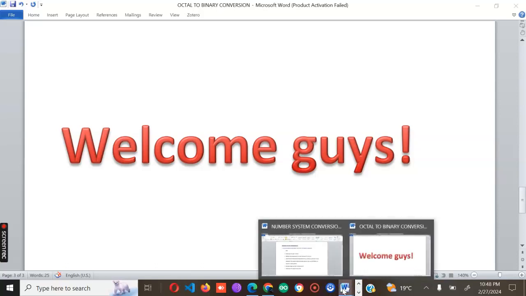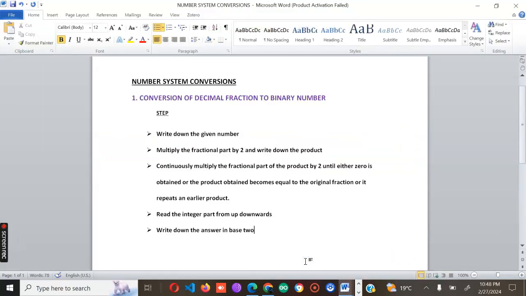In the integral part, the weight increases from right to left. Remember, the integral part is the whole number, while in the fractional part, the weight decreases from left to right.